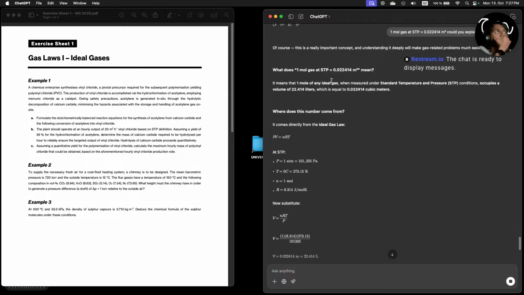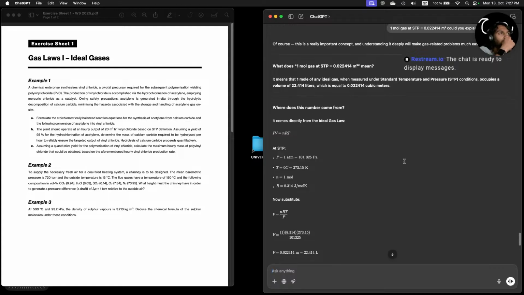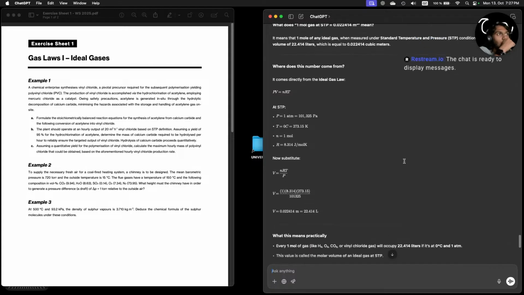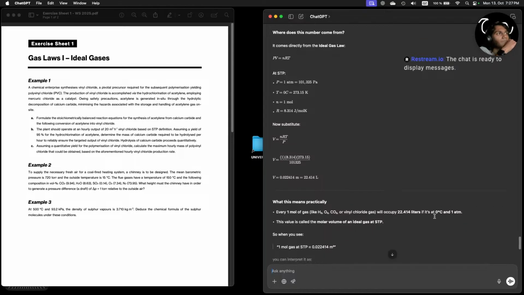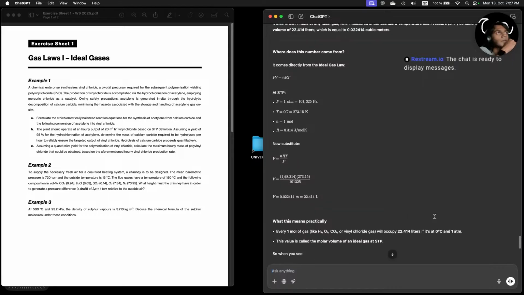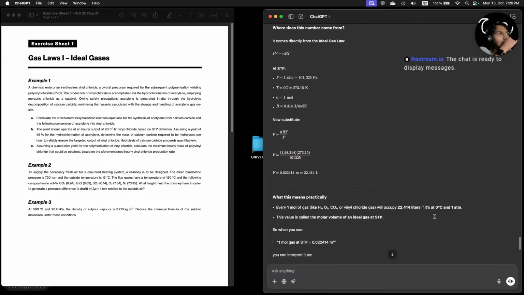What does one mole of gas at STP mean? It means that one mole of ideal gas, when measured under standard conditions, occupies a volume equal to the same amount for every one mole of gas. So it's called the molar volume of ideal gas.